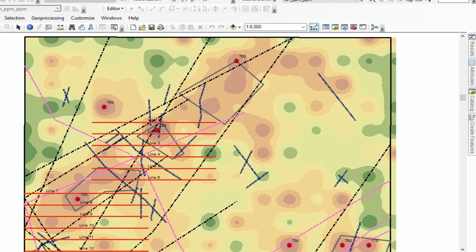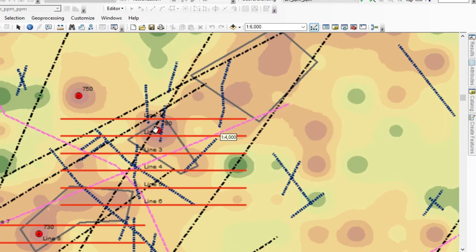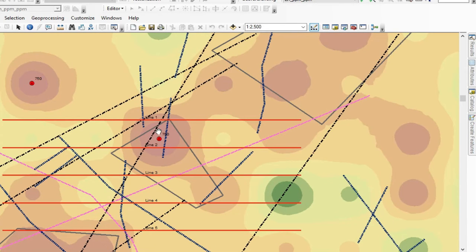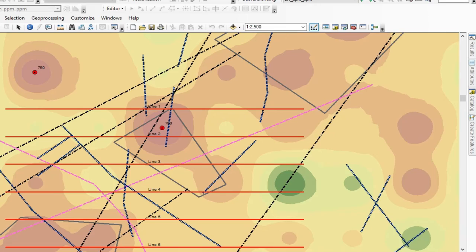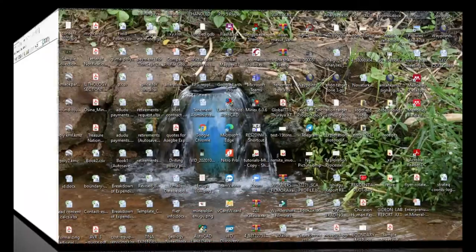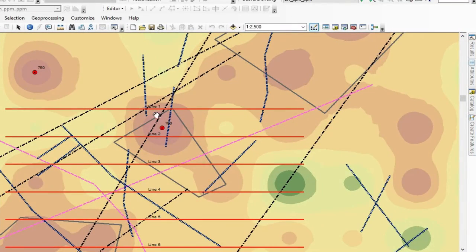Okay, let's look at our IP results on this particular line. The first line here, let's see what the IP result is. The IP was carried along from east to west. We want to see if IP will show us high chargeability or high resistivity, and also try to see if the structure we're interested in is correct.